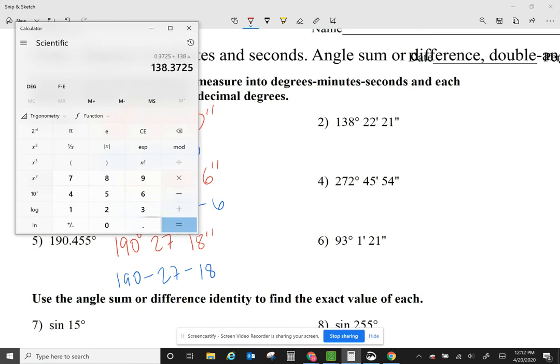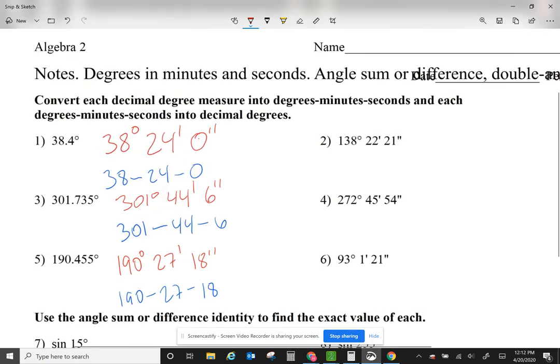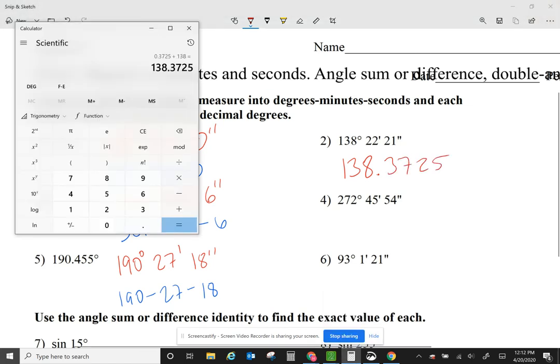My answer in this case is 138.3725. Notice I'm not rounding to any decimal place. I'm putting all my decimals in there: 138.3725. Okay, not too bad.